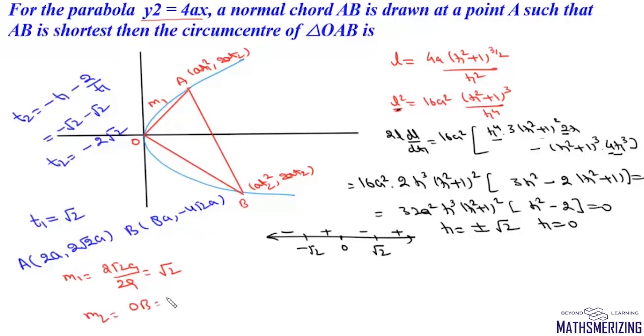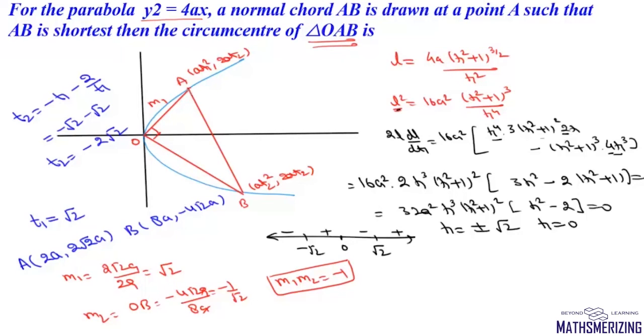The slope of OB is −4√2a/8a, so it'll be −1/√2. So when we look at it, we find m1 · m2 = −1. So if the product of slopes is minus 1, it means this angle is 90 degrees. So this triangle OAB is a right angle triangle.